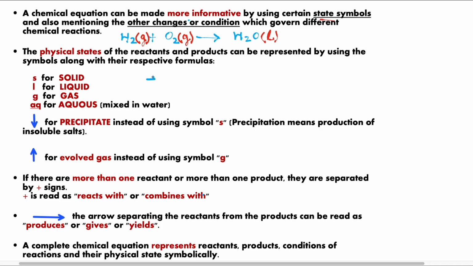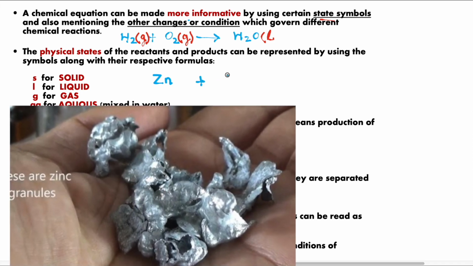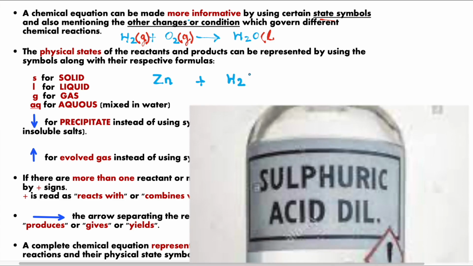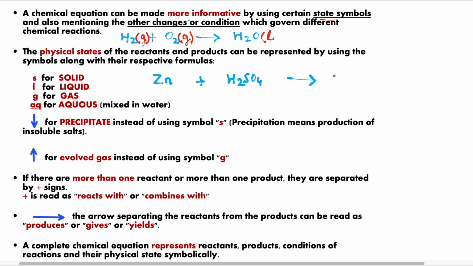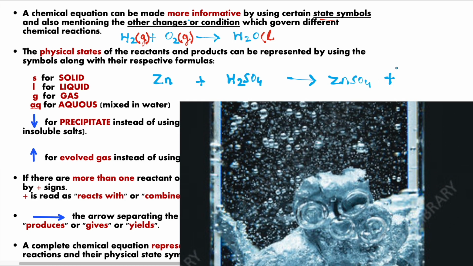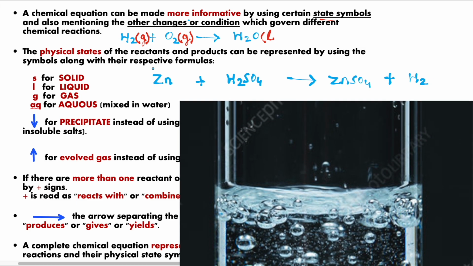Let us see another example. Zinc metal on reaction with dilute sulfuric acid, H2SO4, yields zinc sulfate along with the evolution of hydrogen gas.